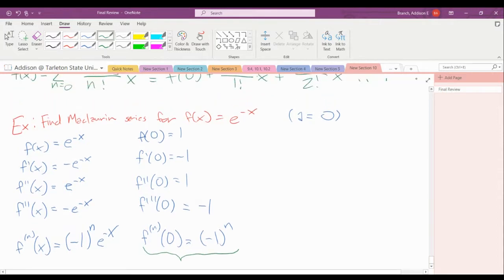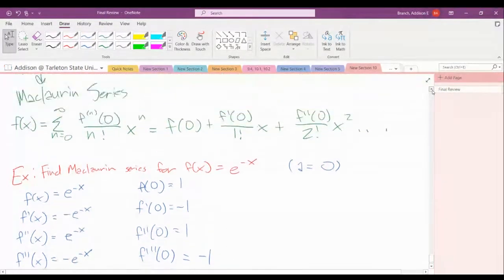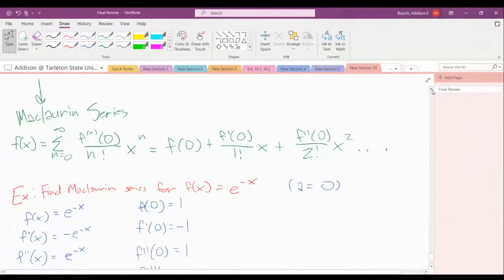If we scroll back up, we have this formula right up here.